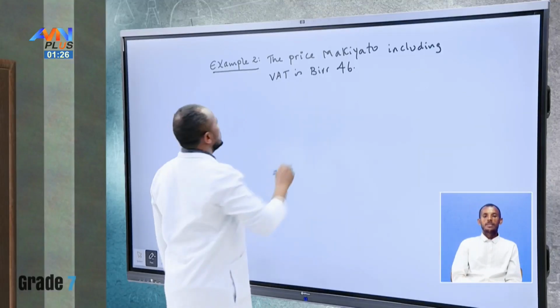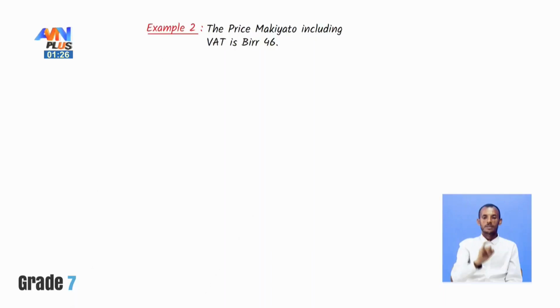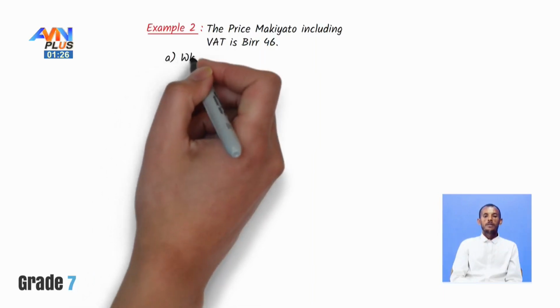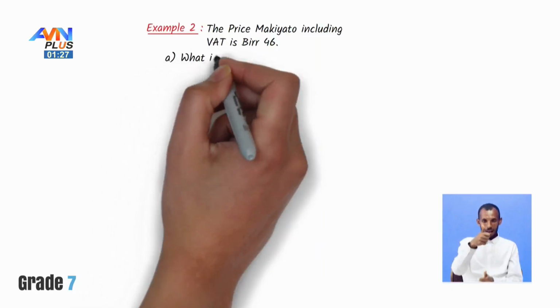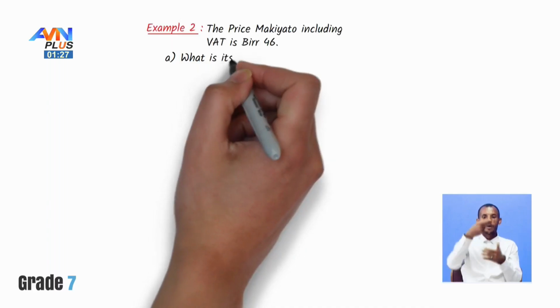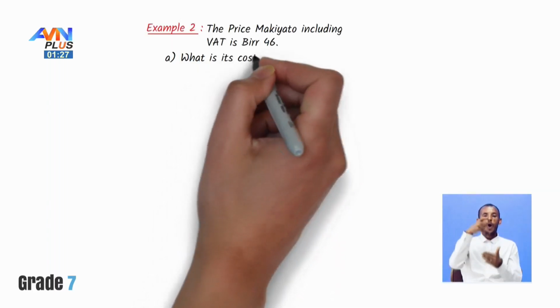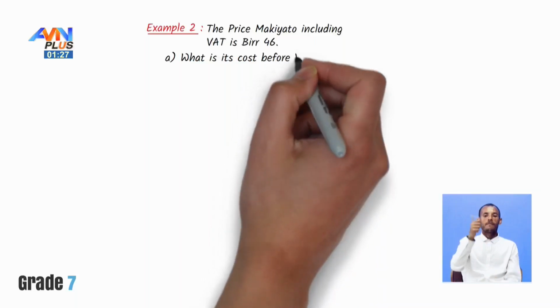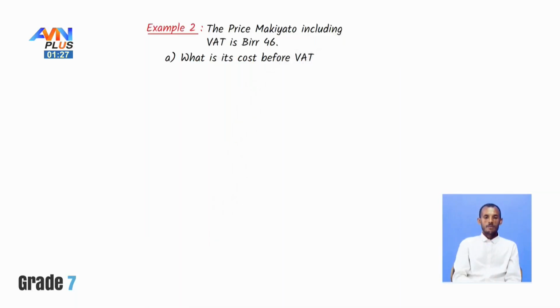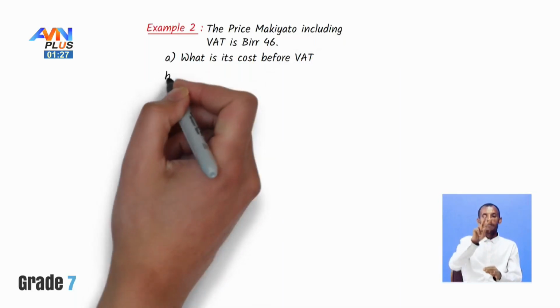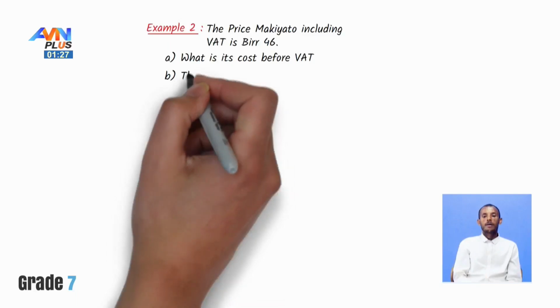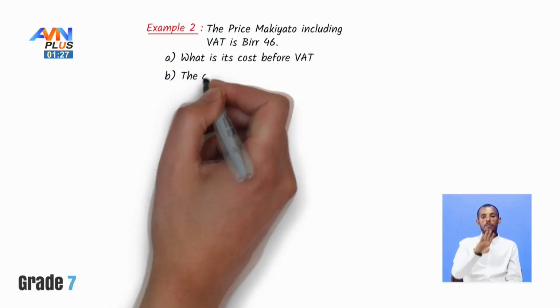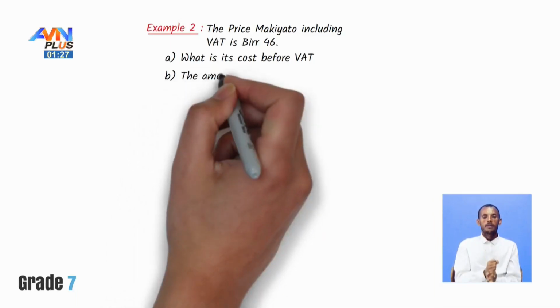The question is, first find the cost before VAT, and calculate the amount of VAT.